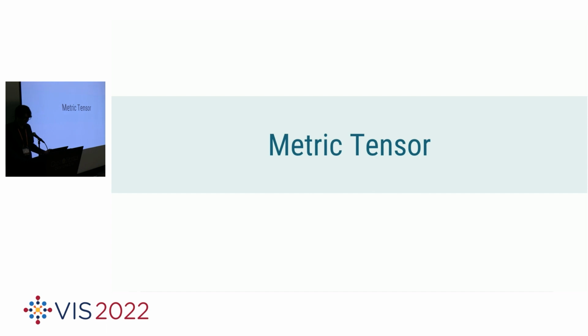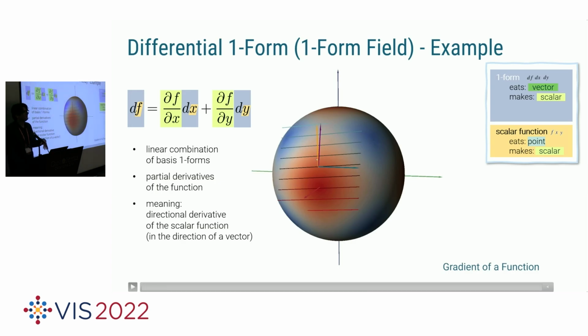No, okay, not working. I mean, the point was just to show that this one form field, or this differential of one form, is just different at any point of the manifold, but somehow the animation is not working.